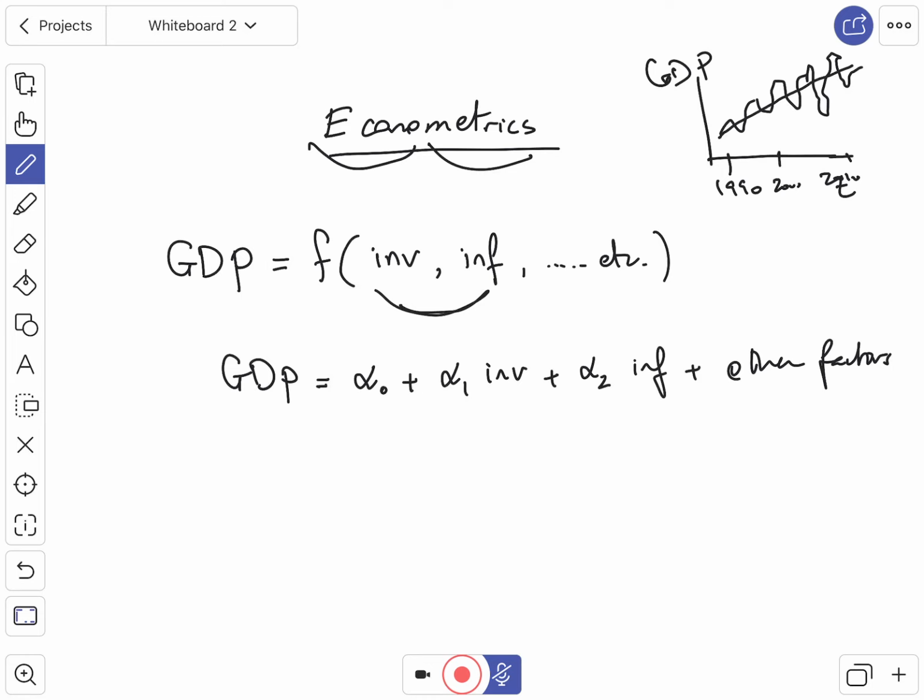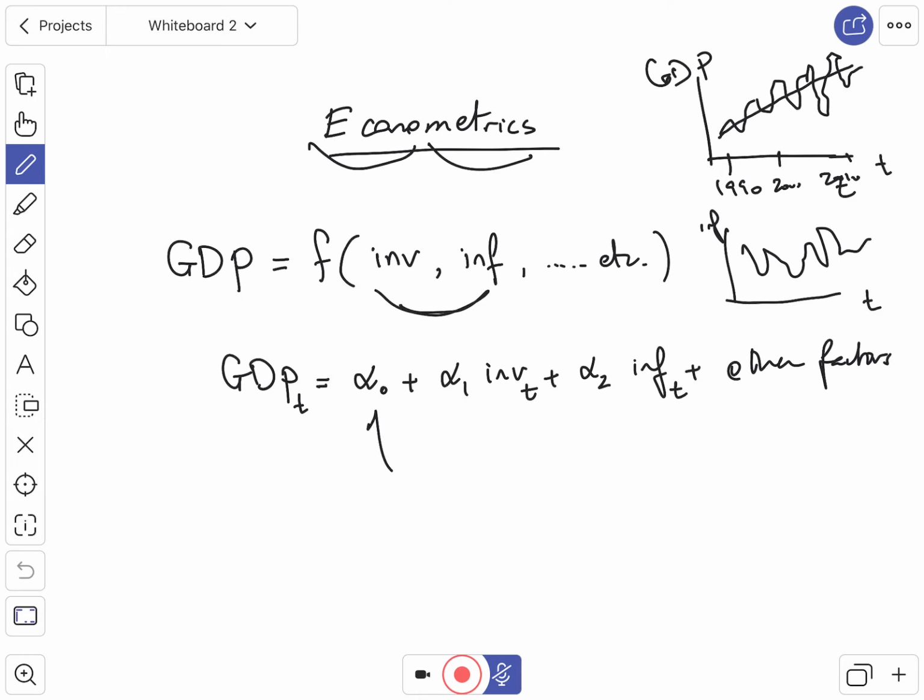The same for inflation: I can have also a graph for inflation, coming up and down, and the same for investment. So if this is the time, let's call it T. Then I have to have a subscript T under each variable here to notify the reader that this is a variable and this variable is moving over time.